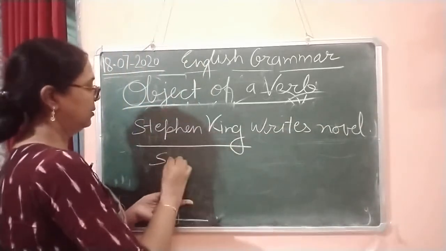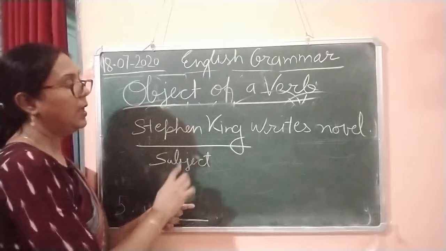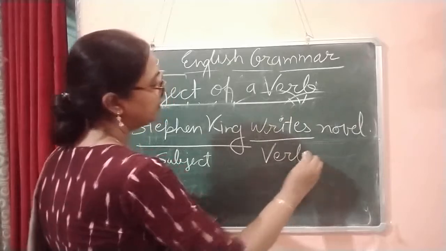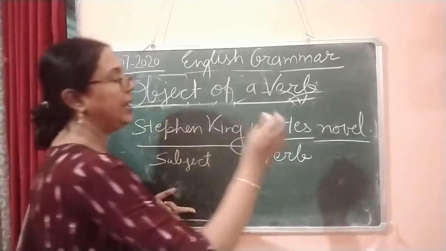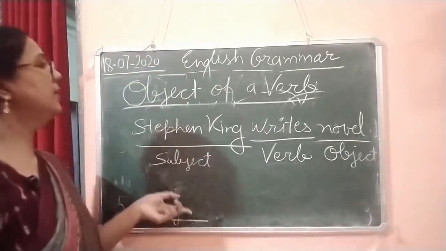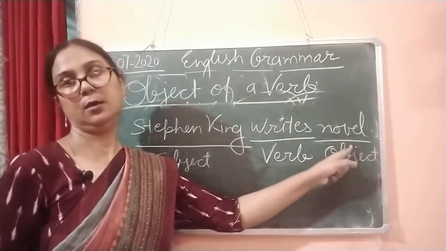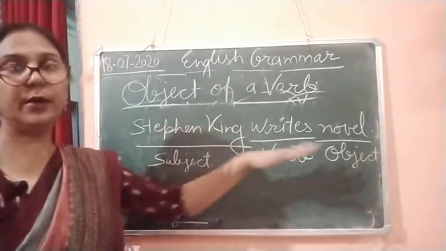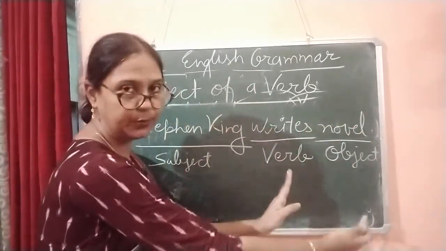Stephen King is the subject because he is the doer. And where is the action? Writes. This is the verb. And what does he write? He writes novels. This is the object. So this way we can understand object of a verb. You can see the relation between subject, verb and object.